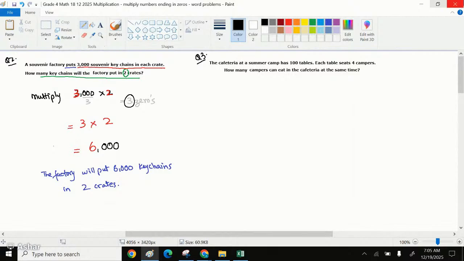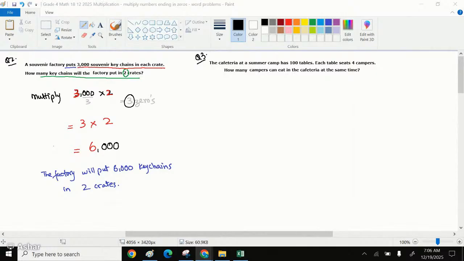So the question says the cafeteria at a summer camp has 100 tables. Each table has 4 seats, 4 campers on it, right? How many campers can eat in the cafeteria at the same time?